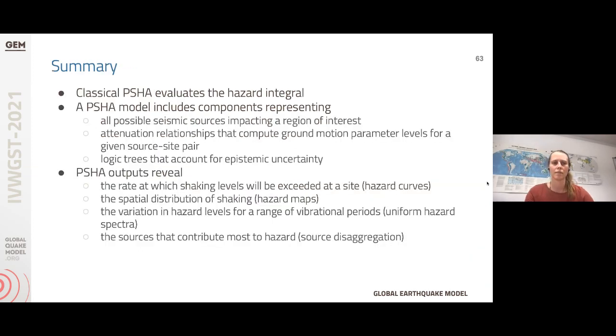So this reaches the end of the conceptual part of this presentation. Just to summarize, we've looked at the classical PSHA and how it evaluates the hazard integral.